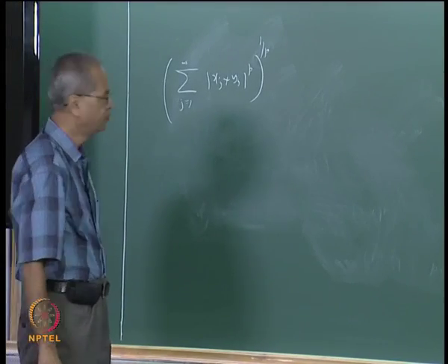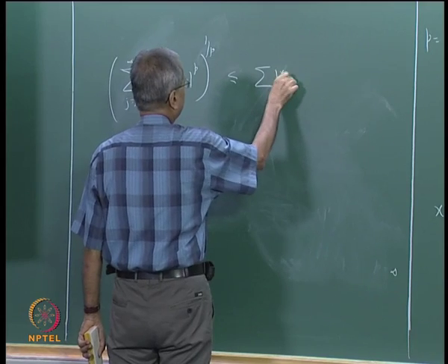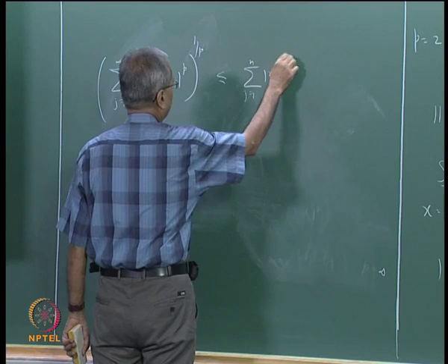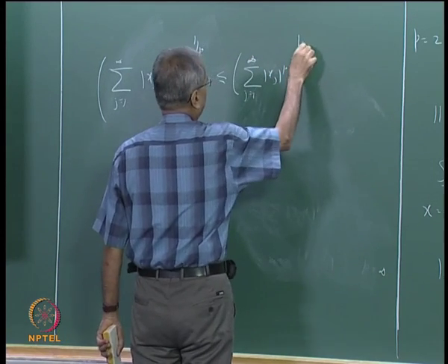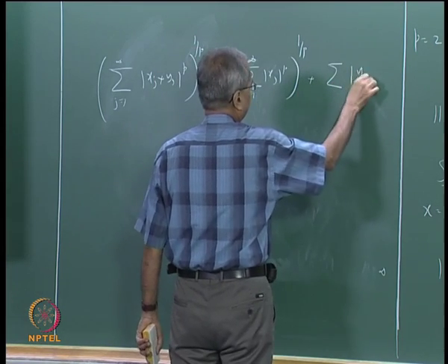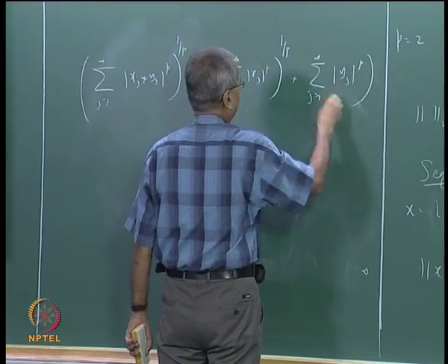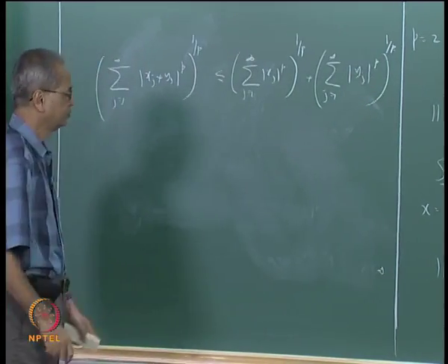This is less than or equal to sigma mod xj to the power p, j going from 1 to infinity, whole to the power 1 by p, plus similarly sigma mod yj to the power p, whole to the power 1 by p.